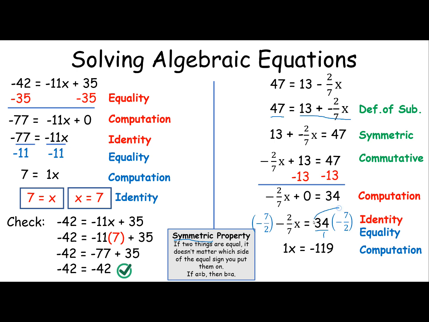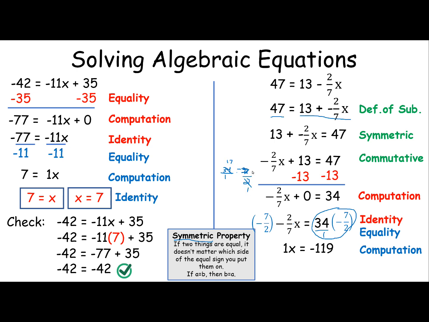Please don't feel as though you have to do this in your head. If I weren't doing this in the video and didn't have it worked out ahead of time, I would have probably gone off to the side and actually just set that up as a fraction and done, okay, let's see, that's a negative 7 over 2. I would have gone through all those good fraction steps that we would ordinarily do.